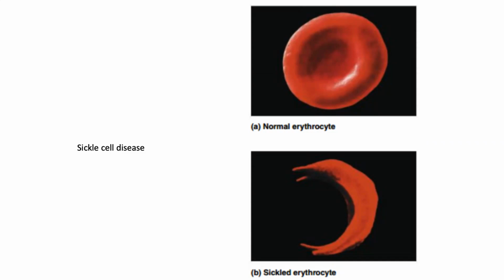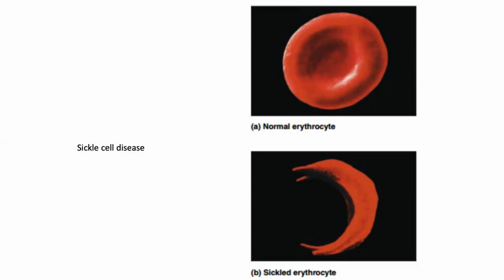As we know, there are 4 globin chains in our RBC, and if there is any problem with the amino acid components of this globin chain, for example, instead of glutamic acid it is replaced with valine, then we have this problem, which is called sickle cell disease.